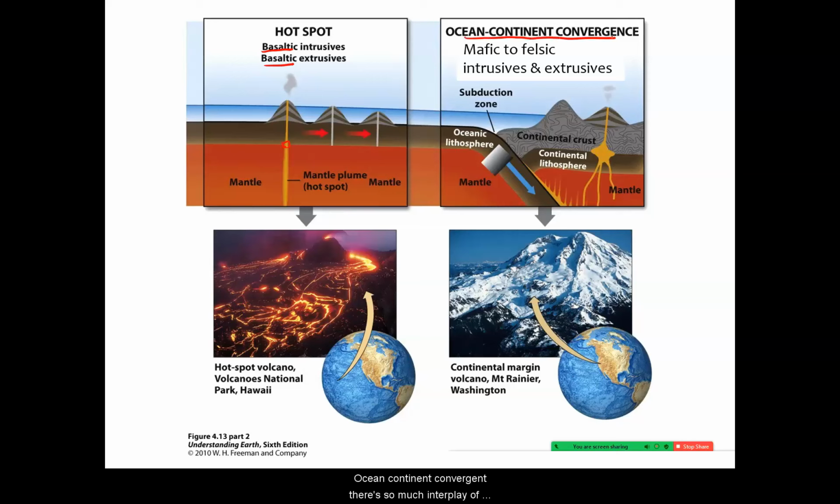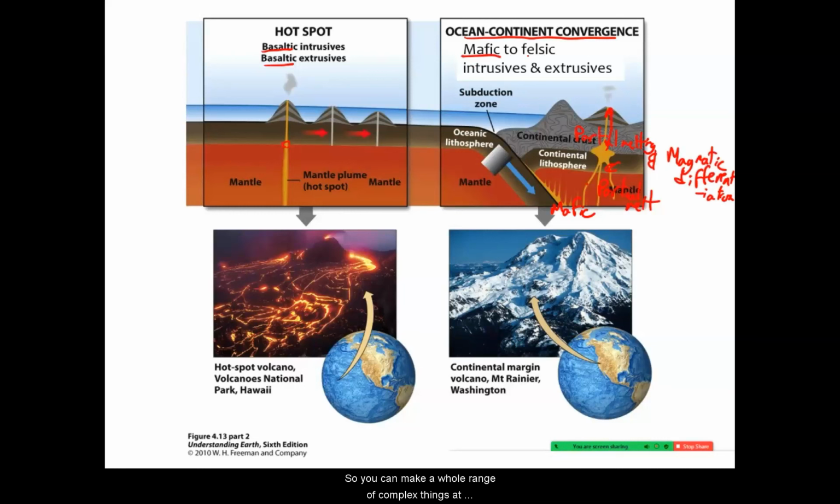During ocean-continent convergence, there's so much interplay of the mafic material being subducted, the partial melting of that material and the mantle, the partial melting of the continental crust that it's over, or the magmatic differentiation that allows some of the mafic material to be left behind down here, which makes the magma even more felsic as it nears the surface.